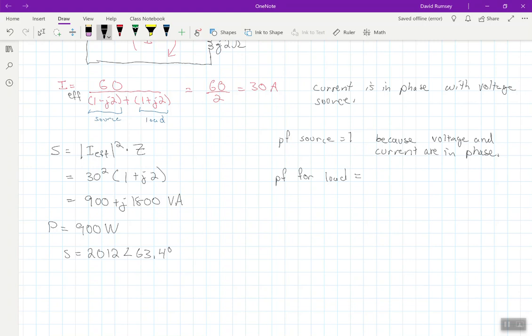Now there's two ways you could compute this. You could compute this as 900 over 2012, but that's also just equal to the cosine of 63.4 degrees.